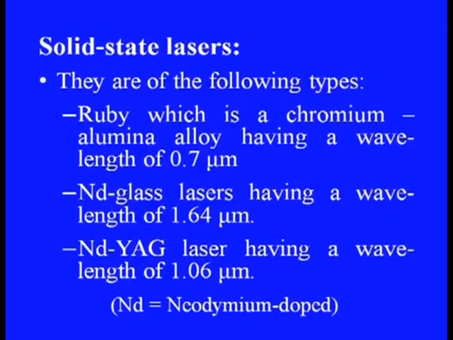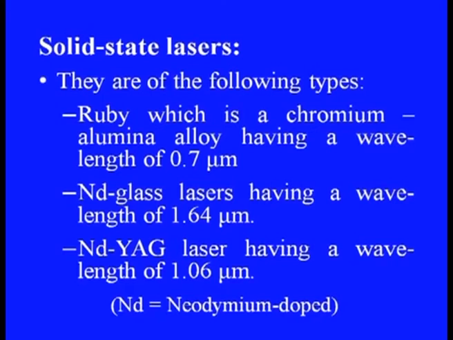Let us see the attributes of solid state lasers. Solid state lasers are obtained in different forms, like ruby lasers. Ruby is nothing but a chromium alumina alloy having a wavelength of 0.7 micrometer. Another form is neodymium glass lasers, which have a wavelength of 1.64 micrometer.